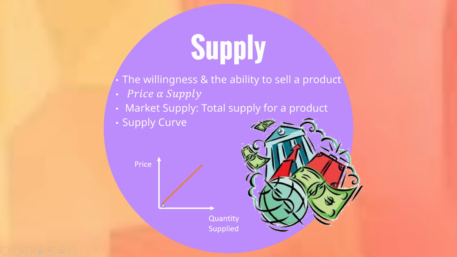As we can see, if the product is sold at a lower price, then the firm will supply less, and if it is really expensive for the consumer, then the supply would increase.